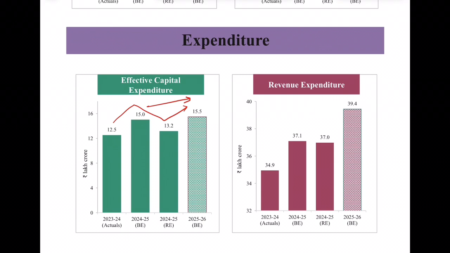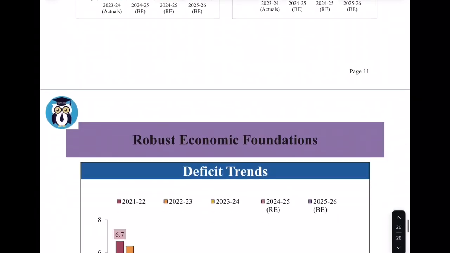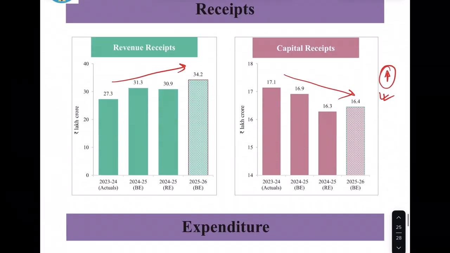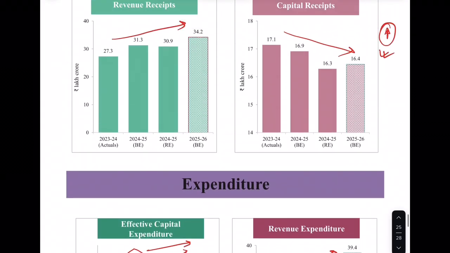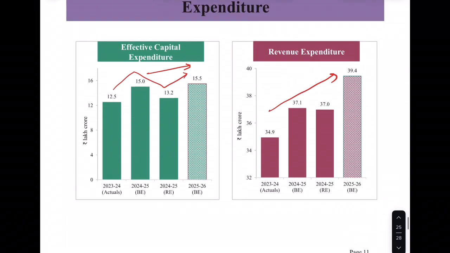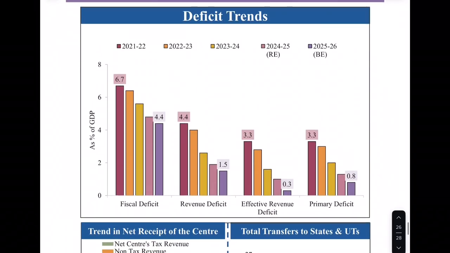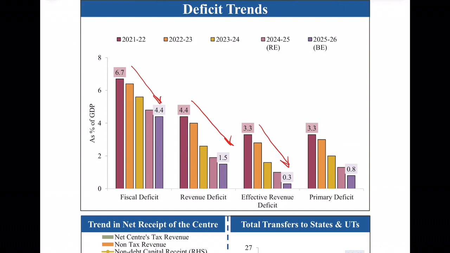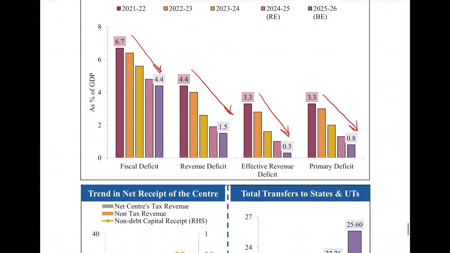Revenue expenditure ideally should decrease, but it is increasing in nature. So a robust economic foundation here. The deficit trends: fiscal deficit is decreasing, revenue deficit is decreasing, effective revenue deficit is decreasing, and primary deficit is decreasing. So this is good.